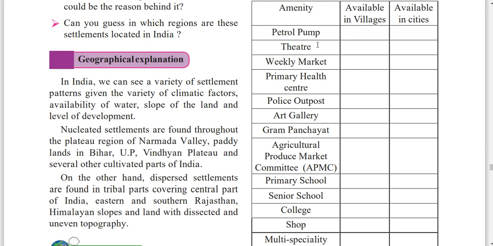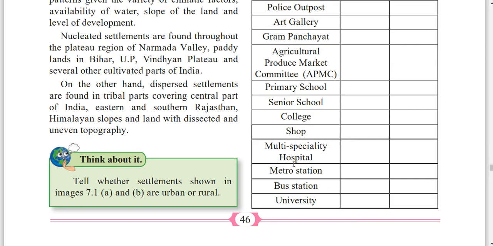Petrol pump, theatre, weekly market, primary health center, police outpost, art gallery, gram panchayat, agricultural produce market committee, APMC, primary school, senior school, college, shop, multi-speciality hospital, metro station, bus station, university.